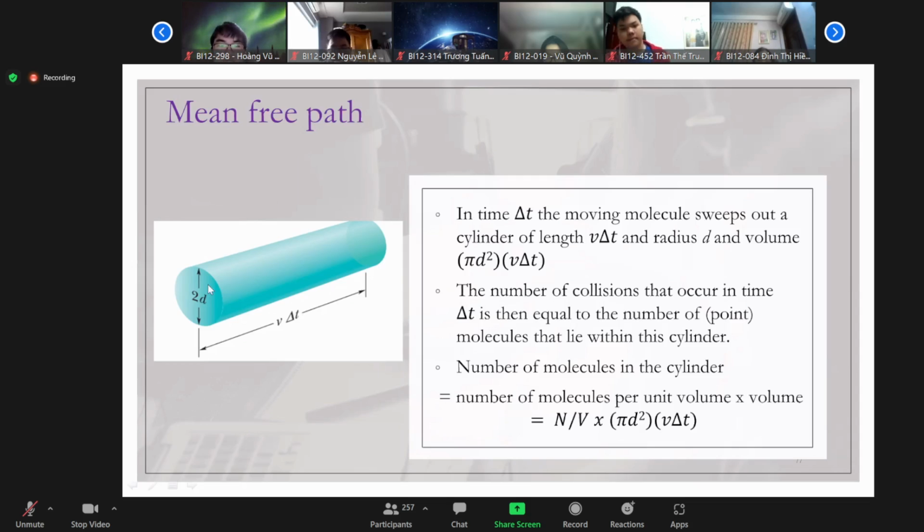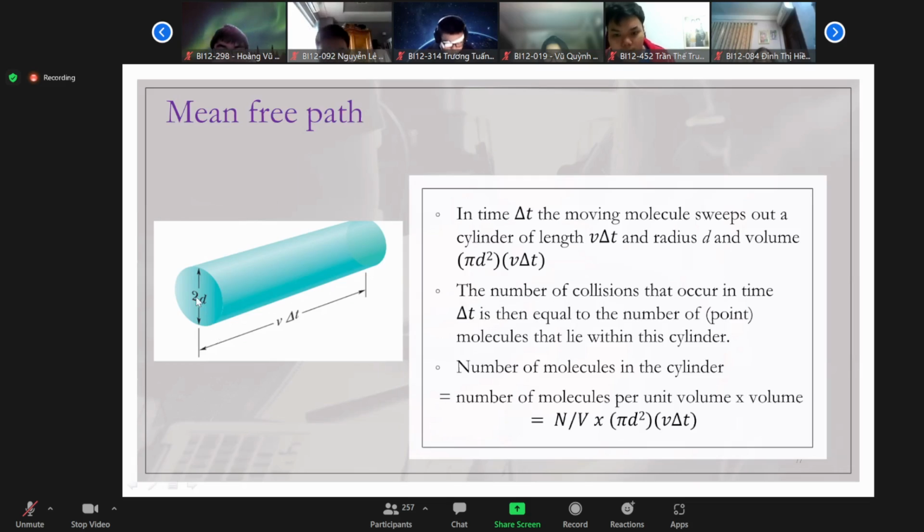Okay? So during the time delta t, this big molecule can sweep out a cylinder of length v delta t. And this cylinder has a radius d. So this is the radius of the molecule, right?